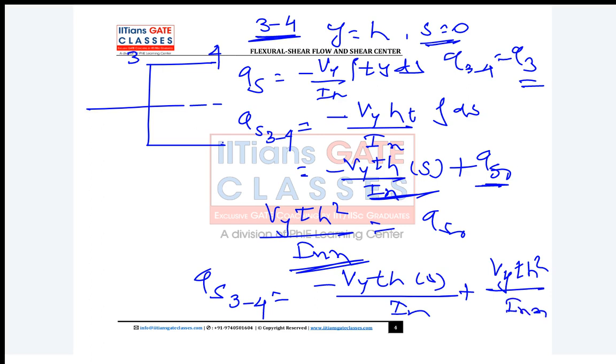Now guys, you can check in this equation, if you substitute S equal to H, what it will be? Q4, and you will see Q4 is coming as 0. Can you guys check Q4 is coming as 0 or not? See, in this equation, if S equal to H, this is negative, this is positive, will get cancelled.